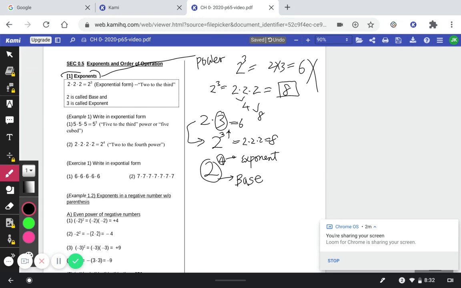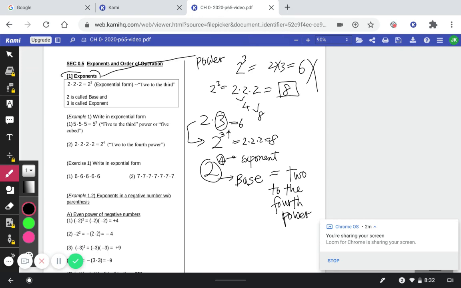And the way you read this is 2 to the fourth power.